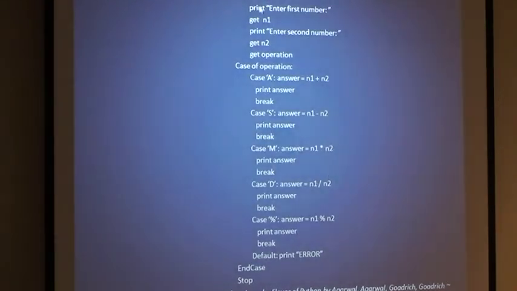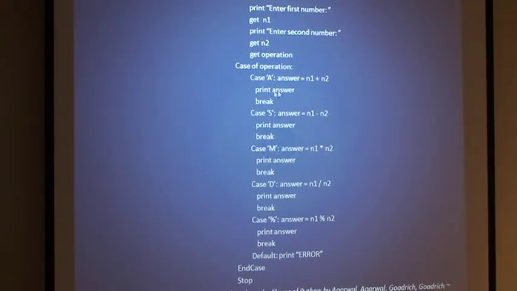So doesn't this look cleaner using a case? You get the first number, get the second number, and read the operation, which is A for addition. This is an alphabet, right? And if it happens to be capital A, then the answer would be this, and you print it.